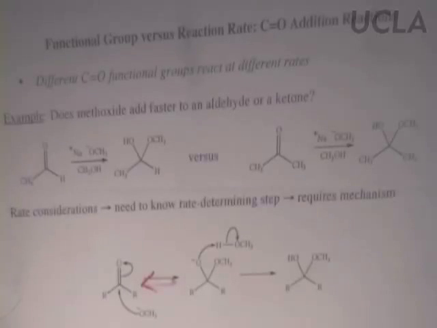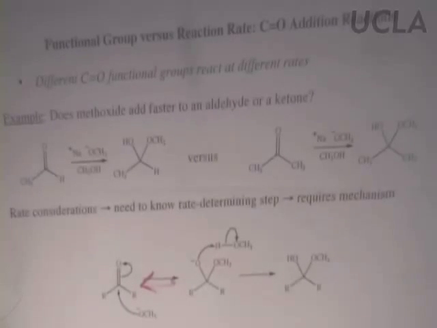Number two, although a lot of textbooks don't emphasize this rate issue much, it's really important in biology. A lot of reactions that occur in organisms have carbonyls in them, and the relative rate of those reactions is pretty important for the organism to maintain its life functions. If the carbonyl reactions were all too fast or all too slow, it would be a problem. We're going to see a biologically important example of comparative rates when we talk about substitution reactions.